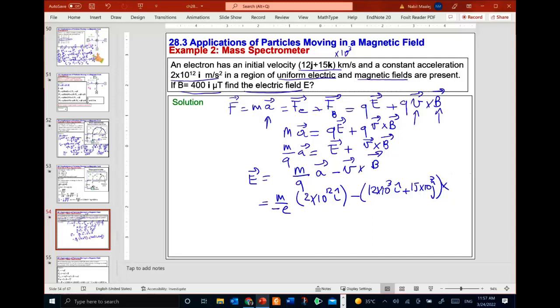So we have V crossed with 400 microtesla, 10⁻⁶, and it's I. We divided by Q, so the mass over the charge, we get rid of the Q. So we have mass over the charge times the acceleration minus V crossed with B.